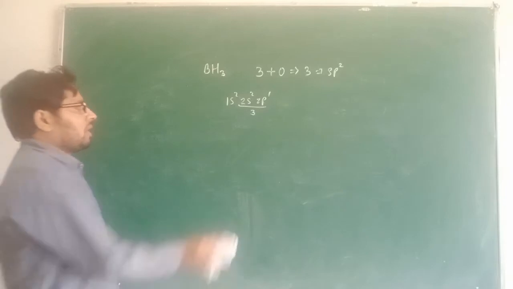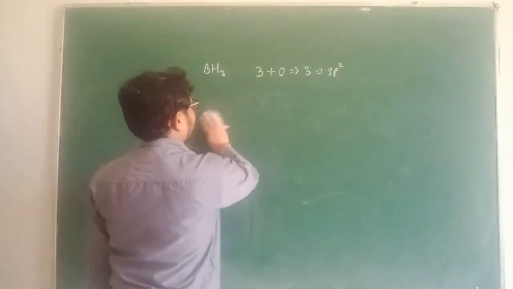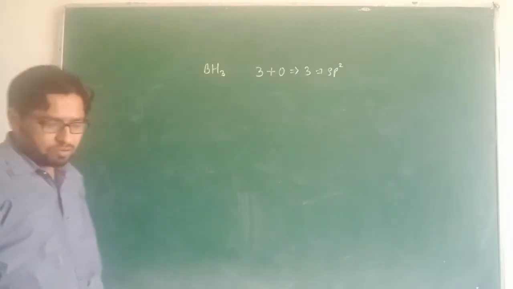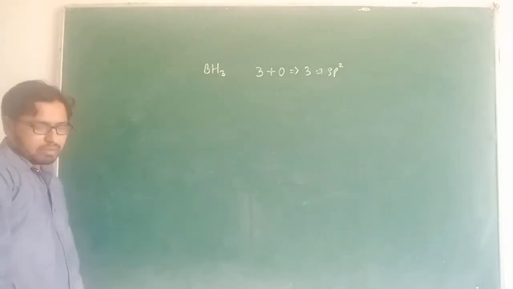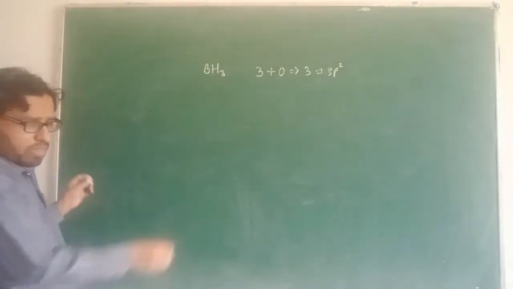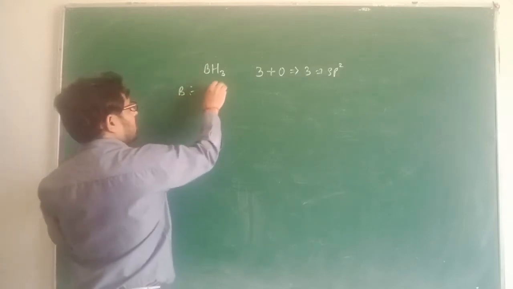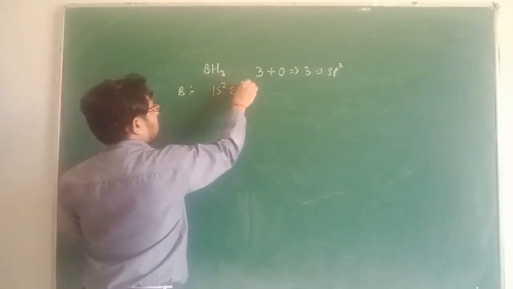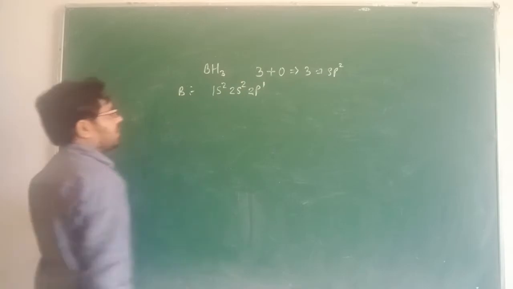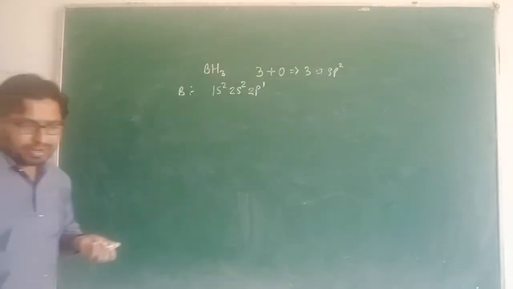Now the other way of the hybridization, that also I am going to discuss, how it will be there. Please check out now. Boron electronic configuration 1s2, 2s2, 2p1.